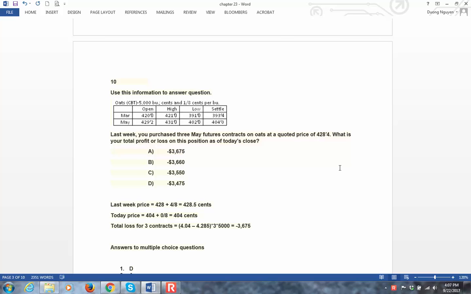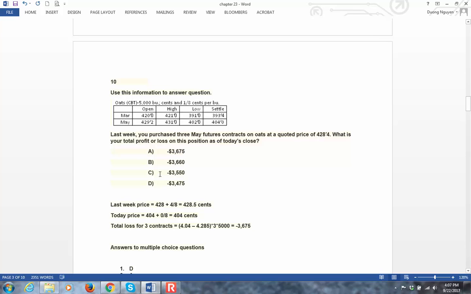The price is 428 and 4, which is basically 428 plus 4/8, equal to 428.5 cents. Whatever number you see over here divided by 8 is the amount of extra cents. So 428 plus 0.5 cents equals 428.5 cents.